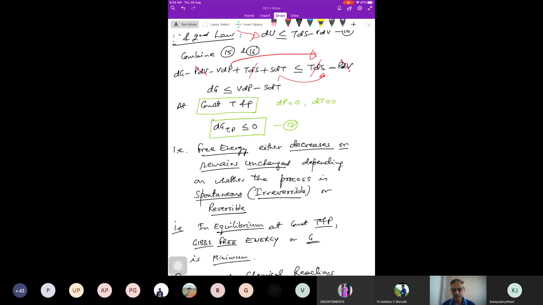That is why we had seen some time back, for any process at constant pressure and temperature, delta G less than 0 is the condition for feasibility of a process, whether it is phase equilibrium or reaction. We use this condition because most of the systems are at constant temperature and constant pressure.